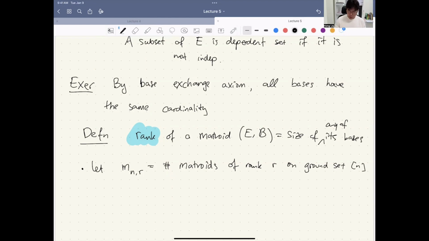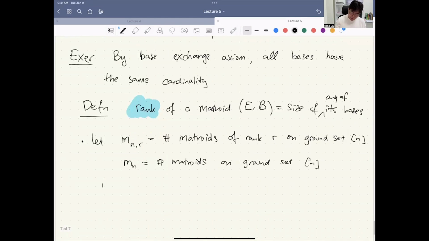And we're going to let M(n) be the number of matroids of any rank, all matroids on ground set N. Trivially, M(n) is the sum of the number of matroids with rank R, for R from 0 to N.